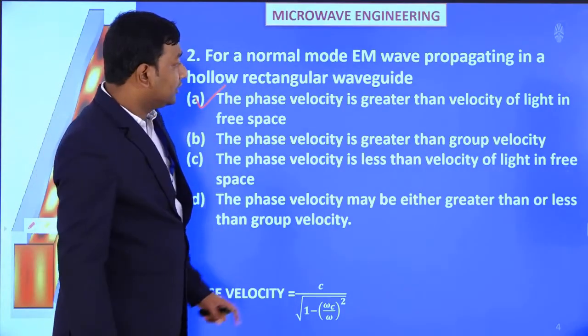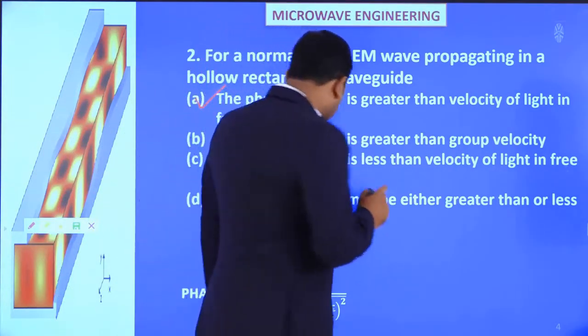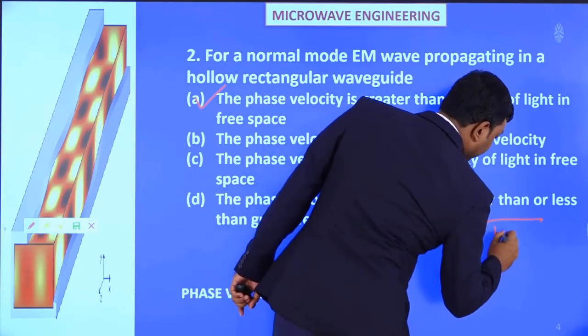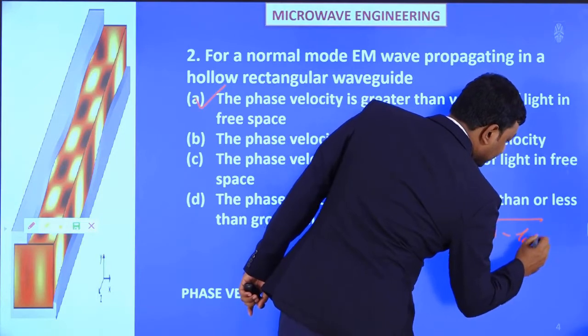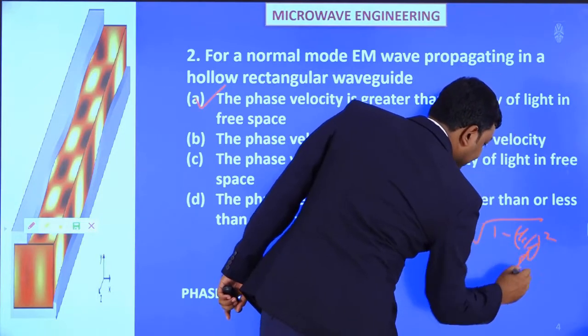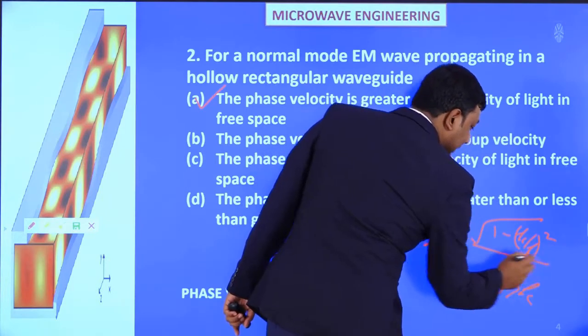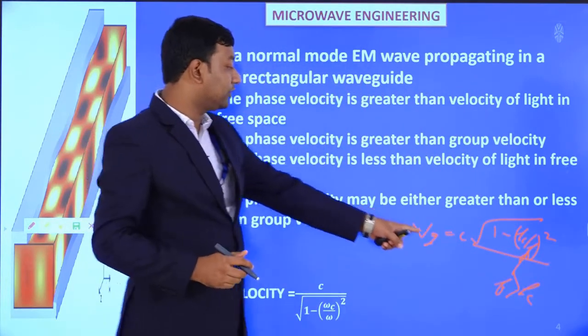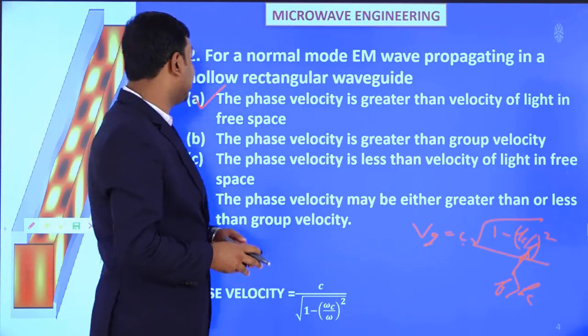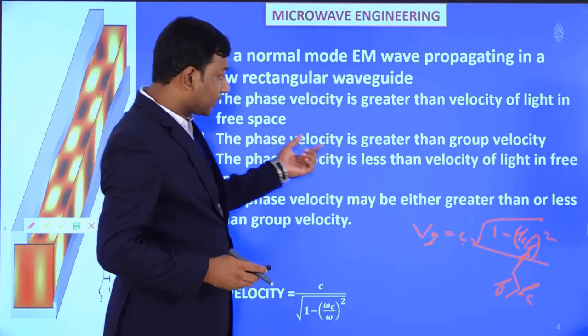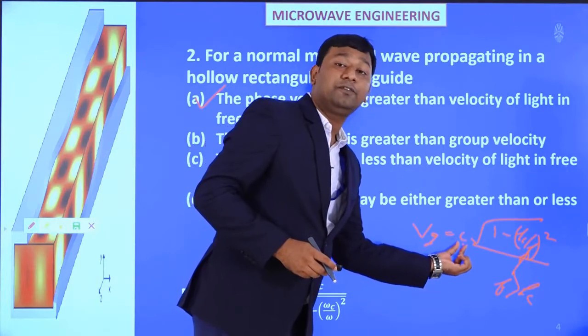Next, come to the group velocity. We know the group velocity vg equals c root over 1 minus (fc by f) whole square. If f is greater than fc, then this value is always less than 1, so the group velocity is less than the velocity of light.